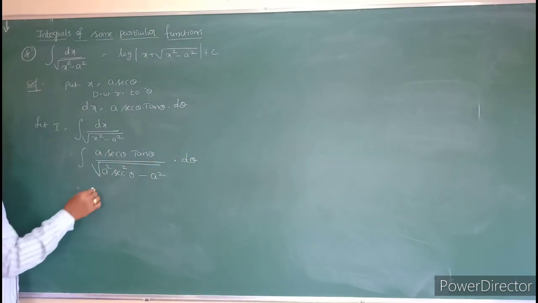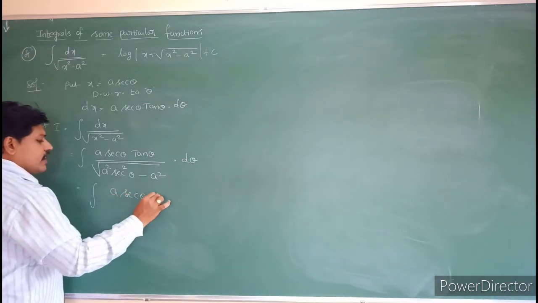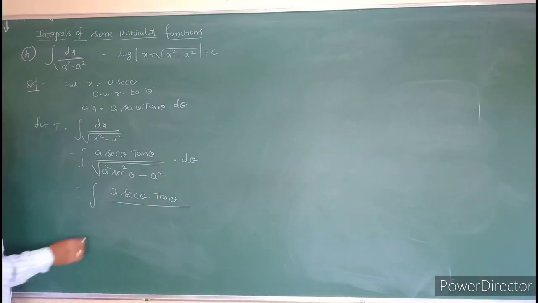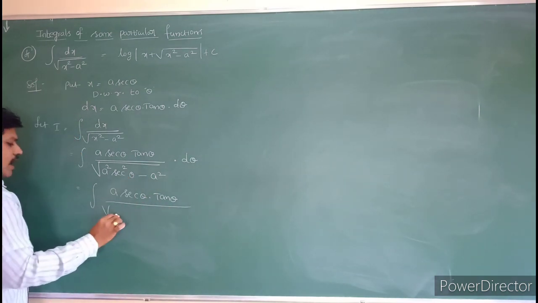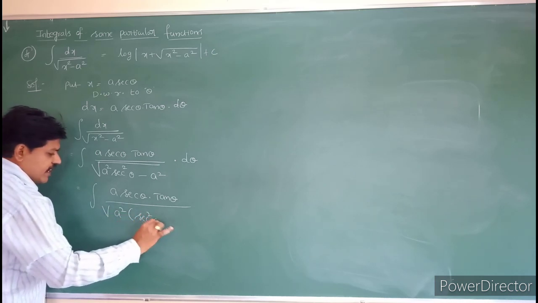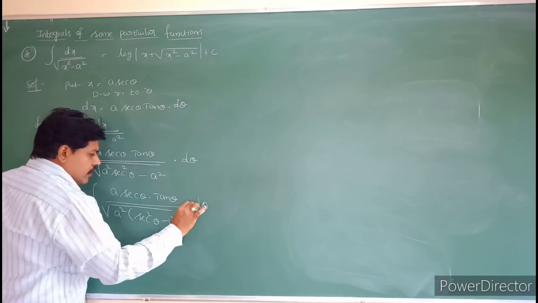So what happens, students? Integral of a secant theta into tan theta by root of, take the a square common, secant square theta minus 1, into d theta.